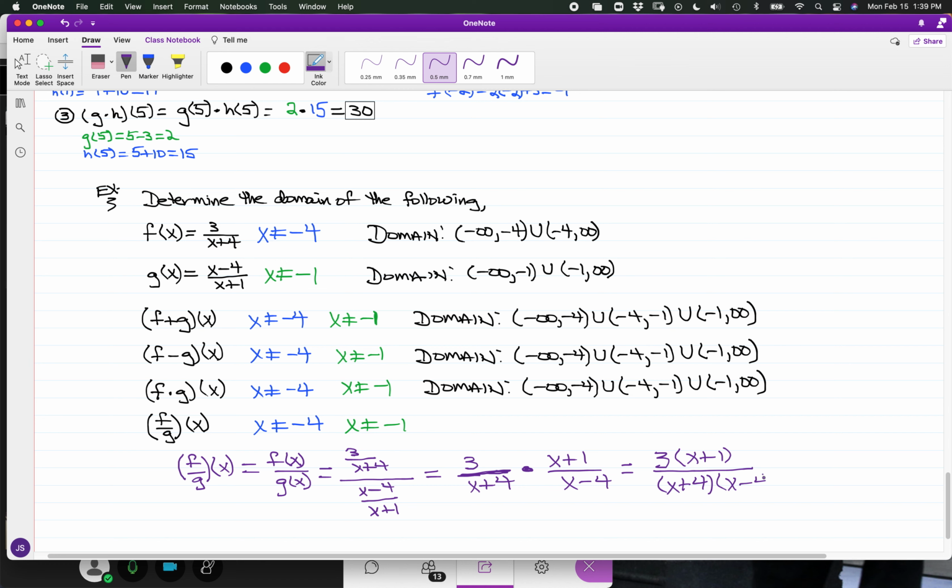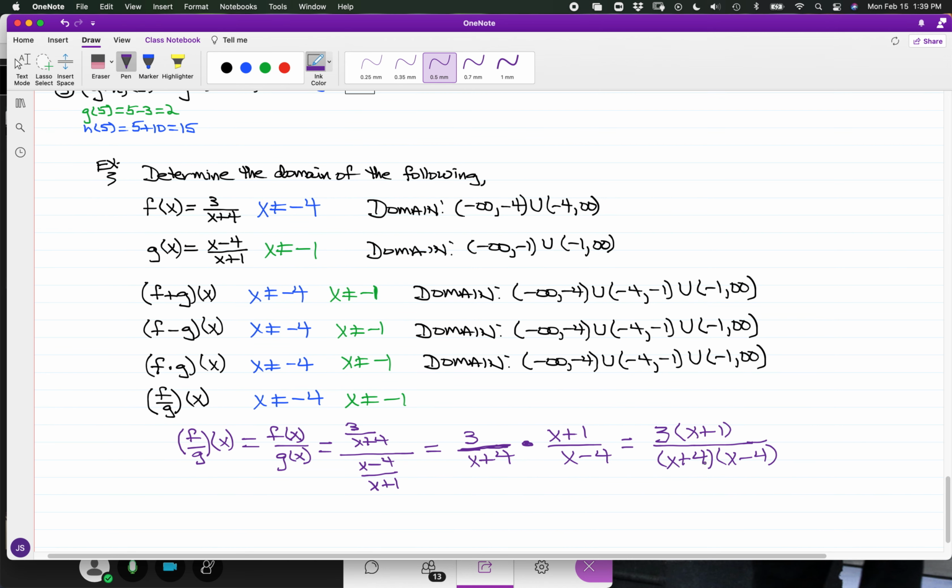times x minus 4. And for the restrictions, x plus 4 cannot be 0, x plus 1 cannot be 0. And looking at the denominator in the final result, we still have x plus 4 cannot be 0. Now, from g of x, x minus 4 was in the numerator position, but upon multiplying by the reciprocal of g of x, x minus 4 is at the bottom.